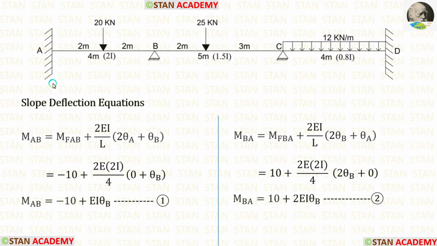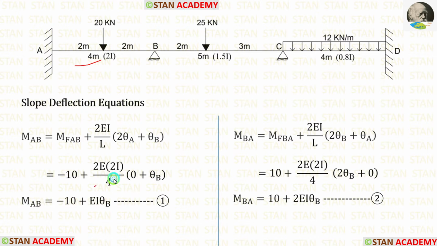Now let us start making the slope deflection equations. First, in the span AB, let us make the equations. In the equations, let us apply the fixed end moments. For AB, the moment of inertia is 2I, so instead of I, we have to apply 2I in both of the equations.